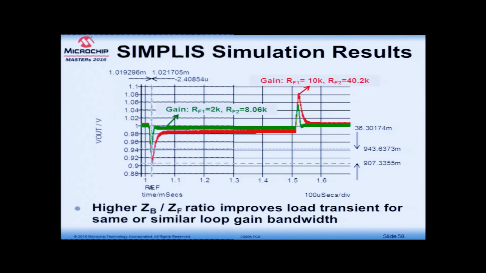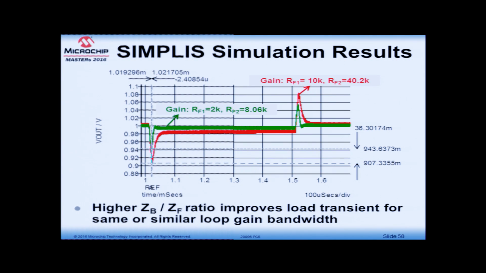In the case of a lower impedance level in the feedback impedance, we have a much better behaved load transient response. And the improvement is around 36 millivolts.